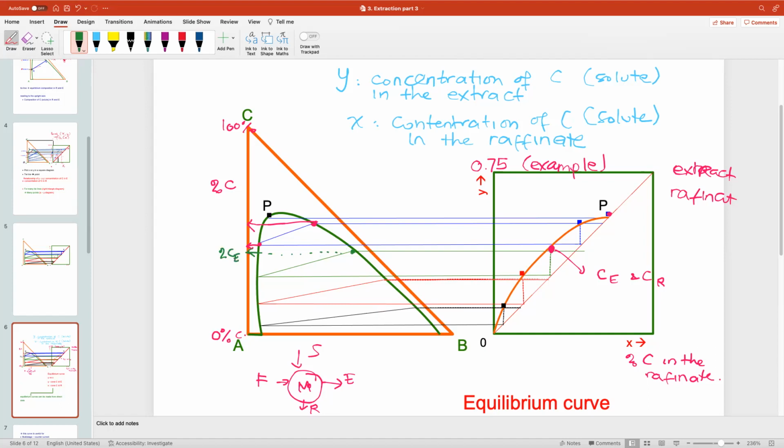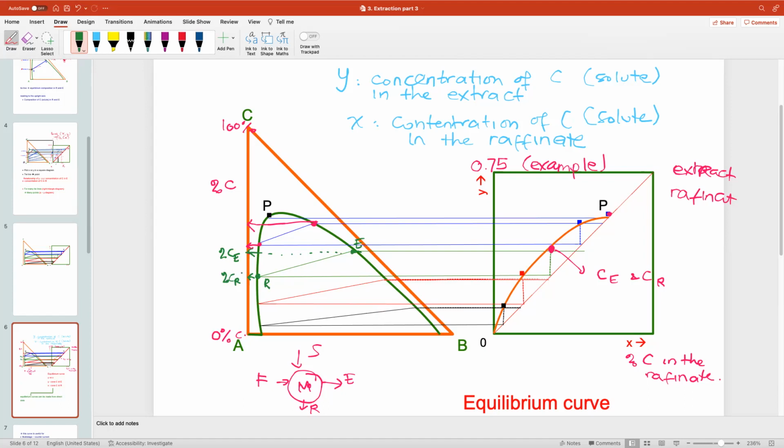This one. And then this is the extract, and this is the raffinate. This is the percentage of C in the raffinate. Is it right?